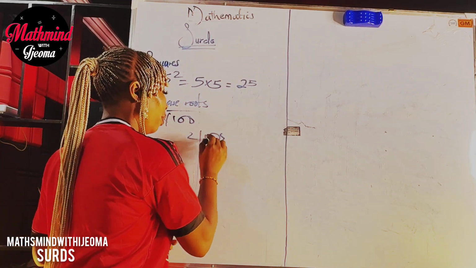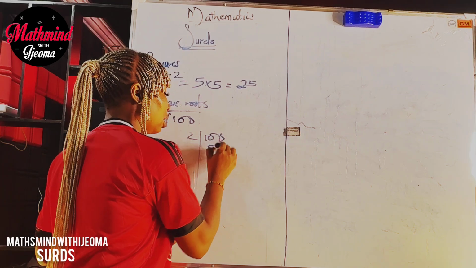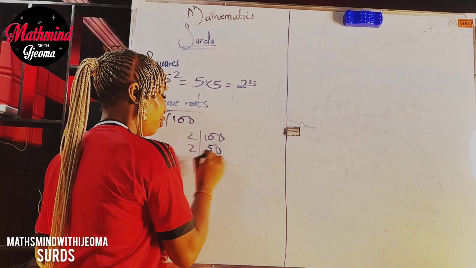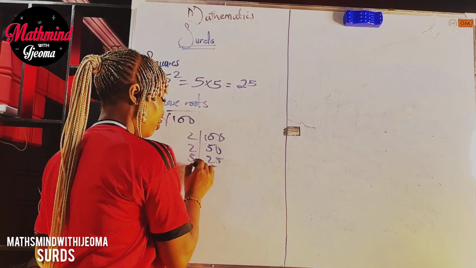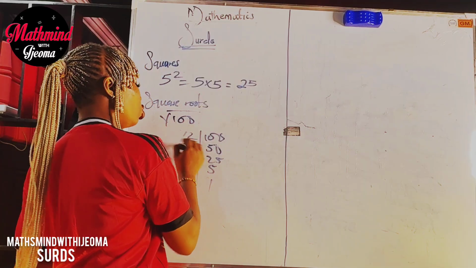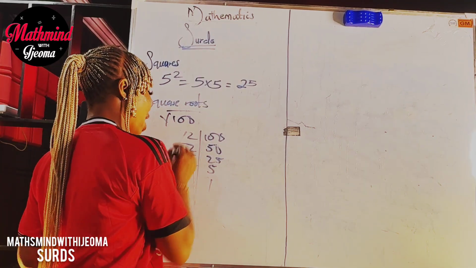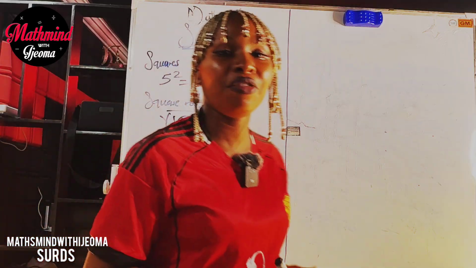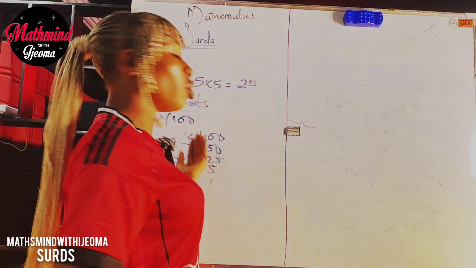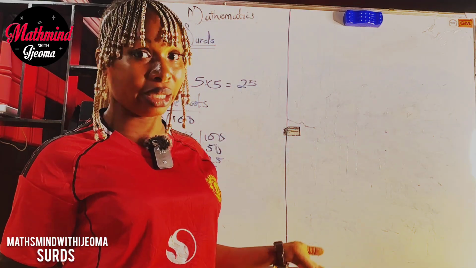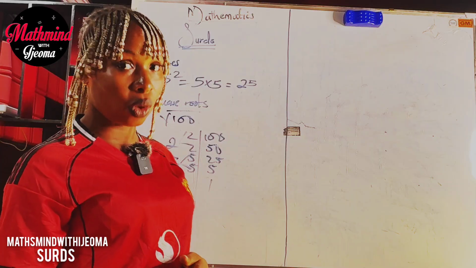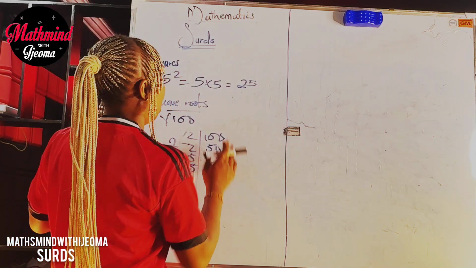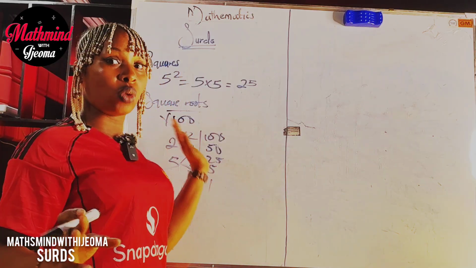So we have 2, 50; 2, 25; 5, 5; 5, 1. So 2 times 2, and 2, 5 and 5, 2, 5. So 2 times 5 will give us the square root of 100, which is 10. 2 times 5 is 10. Okay, that is that for squares and square roots.